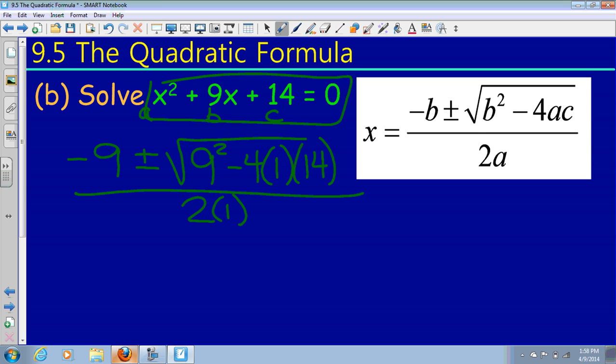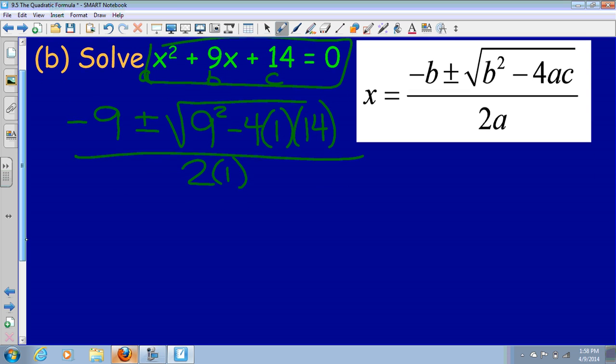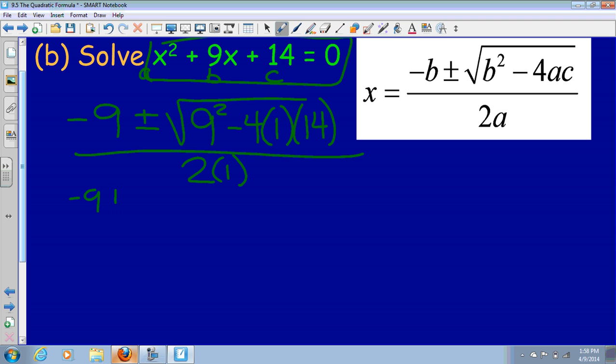Okay? Here we go. We're just going to evaluate. The opposite of 9 plus or minus the square root of 9 squared is 81, minus 4 times 1 is 4, and 4 times 14 is 56, all over 2 times 1. Okay?